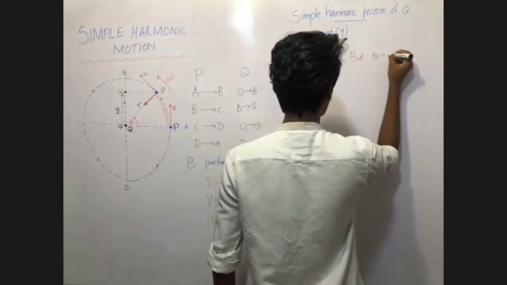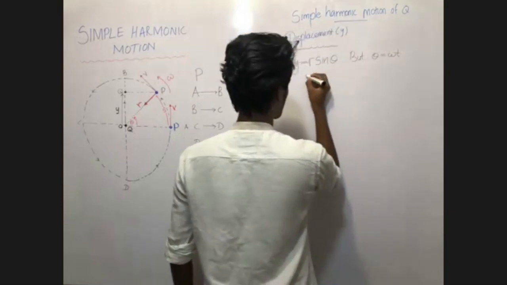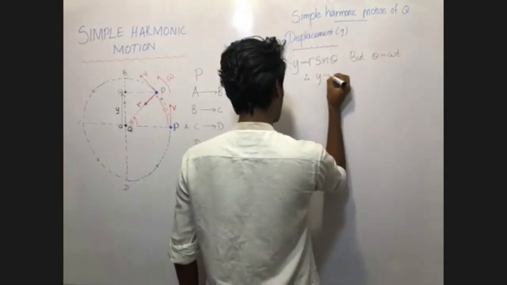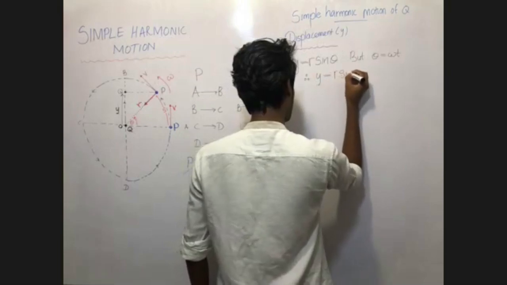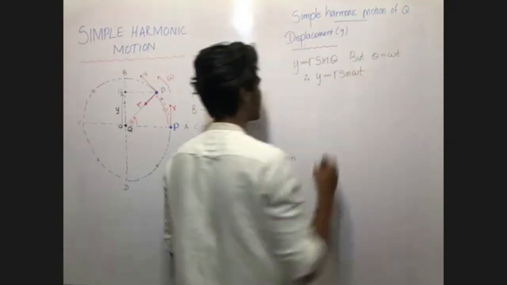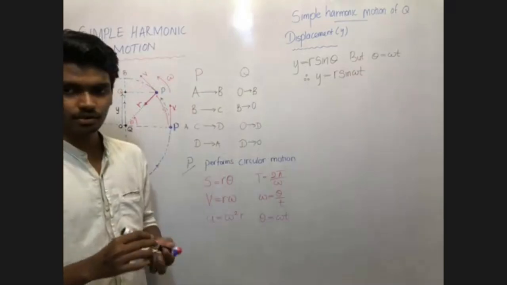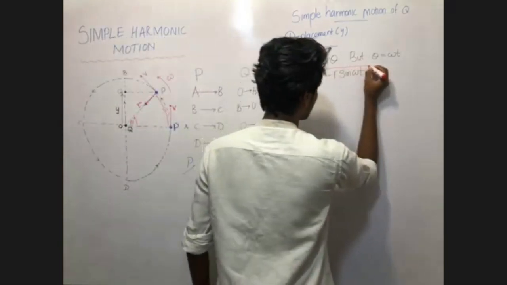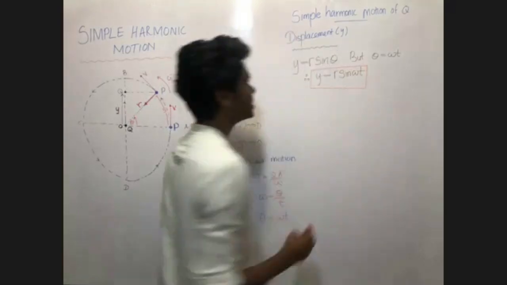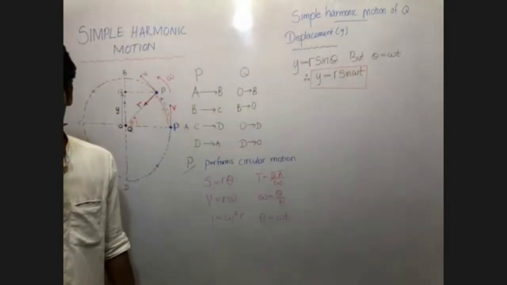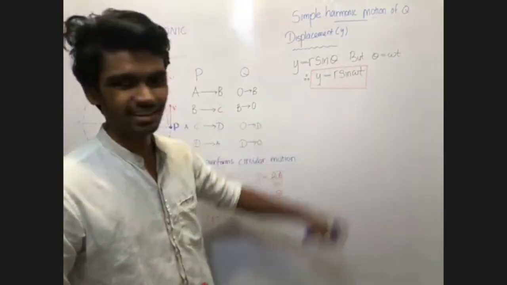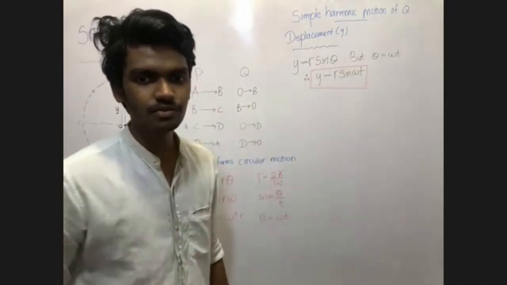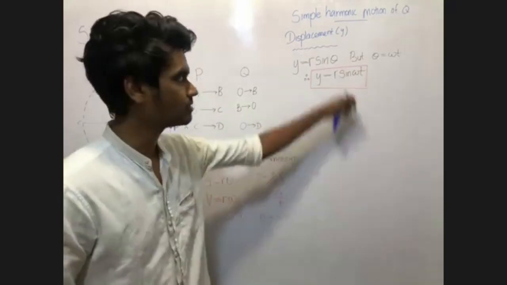Therefore, y is equal to r sine omega t. So I have an expression for the displacement of the simple harmonic motion. It's very small thing, right? So easy.